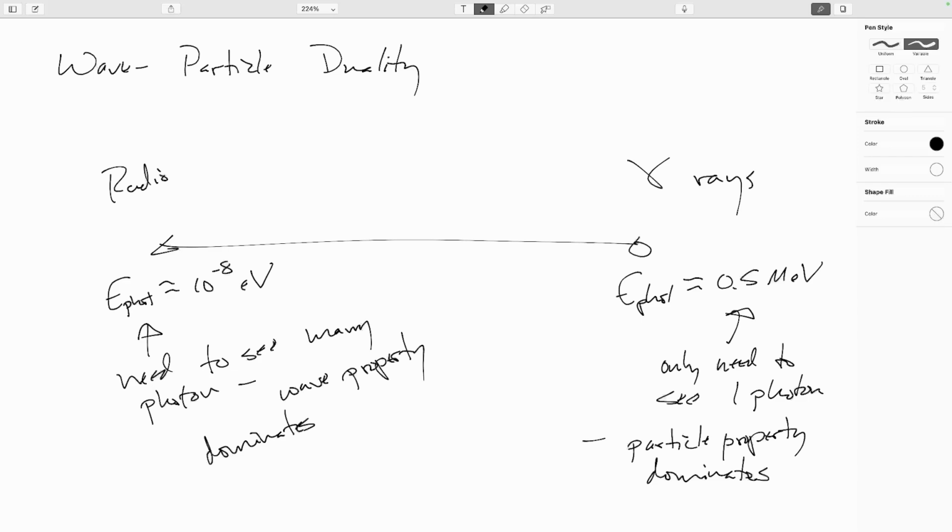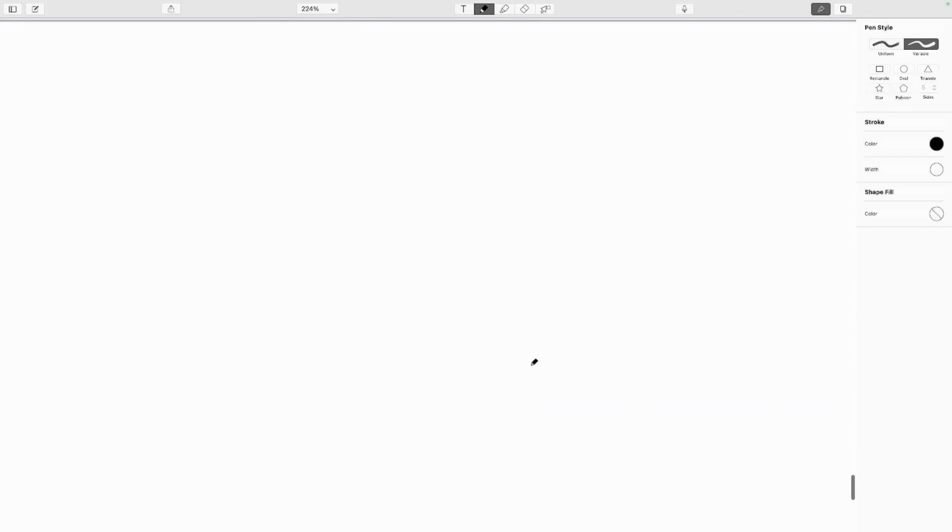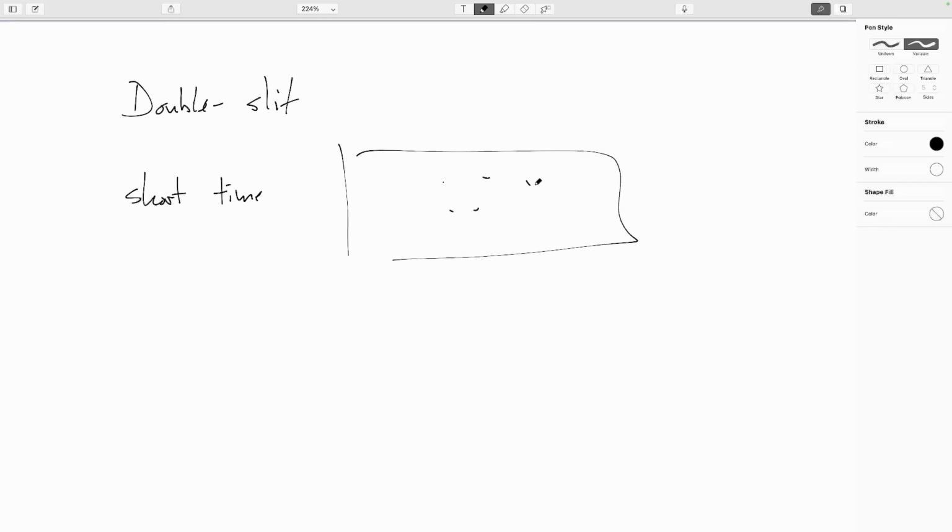But we have done the double slit diffraction experiment for very weak light sources. And we have sensors that can detect a single photon pinging onto the sensor at a time. And so what will happen is after a short time, if you were to look at your sensor, you're just going to see randomly splattered photons.